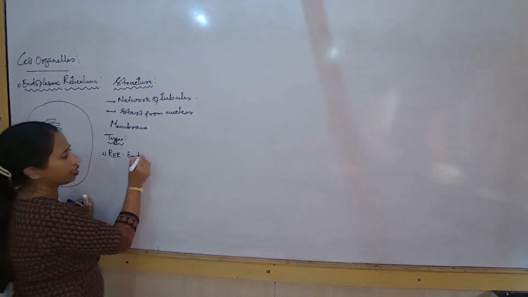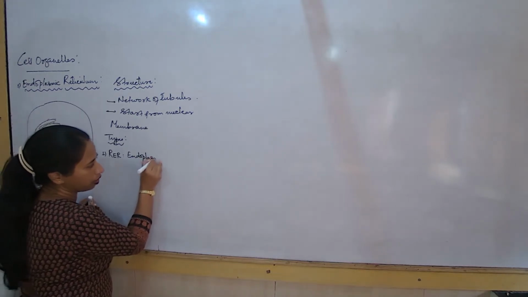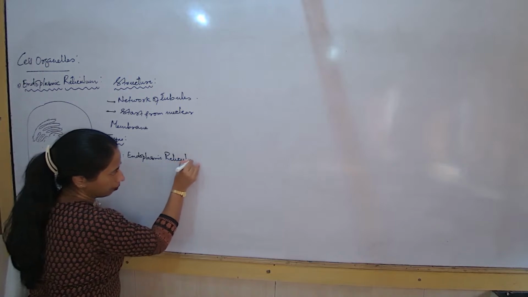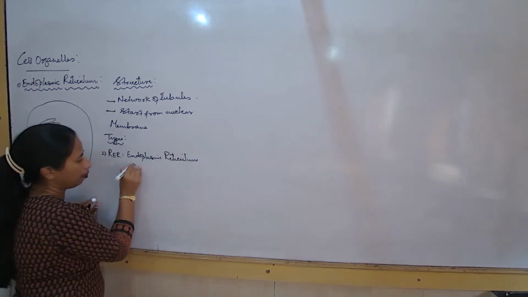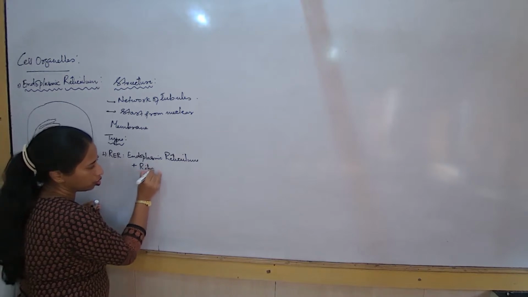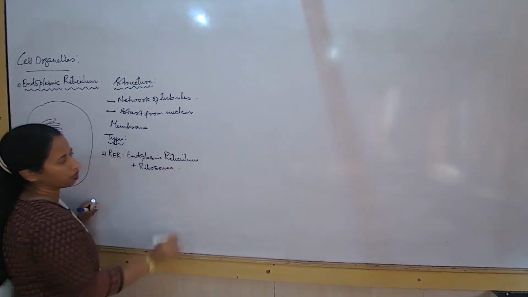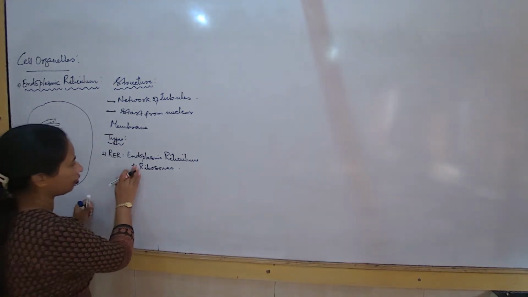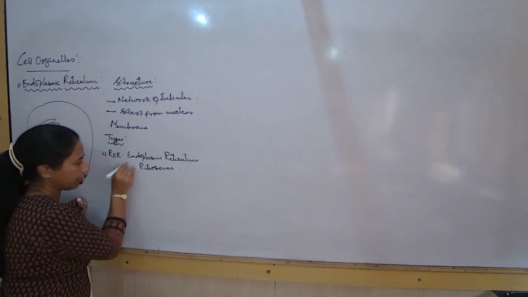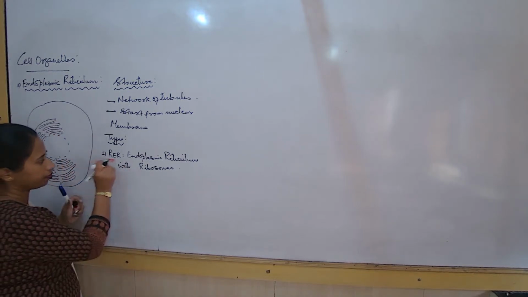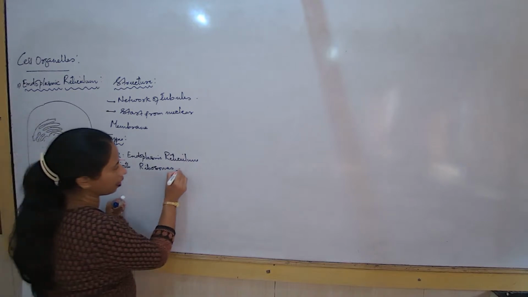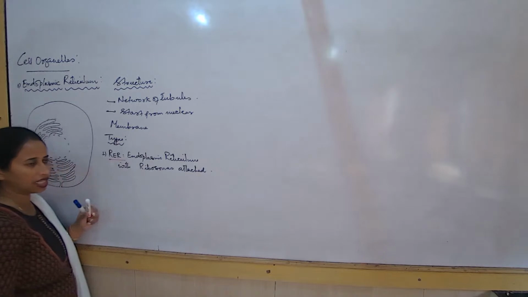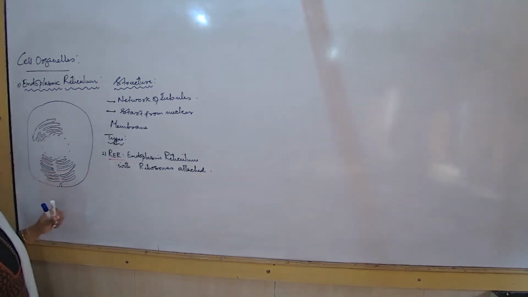So RER means endoplasmic reticulum plus ribosomes, endoplasmic reticulum with ribosomes attached.